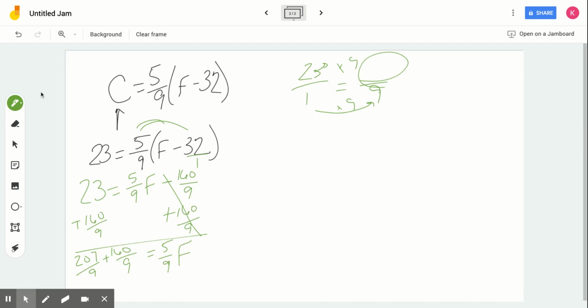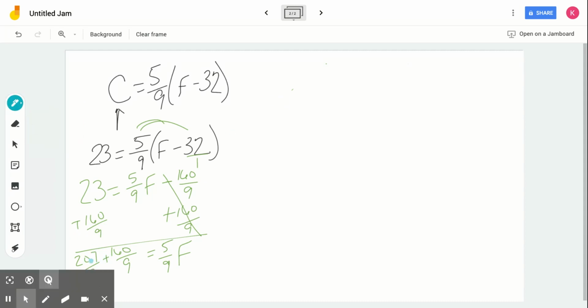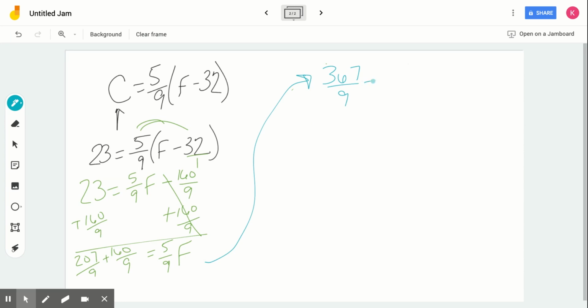So now I'm going to do a little erasing here so we can have enough room to finish. Now, as we keep moving, if we add 207 ninths plus 160 ninths, we are going to end up with 367 ninths, which is equal to 5/9 F. Now, 5/9 and F are being multiplied.